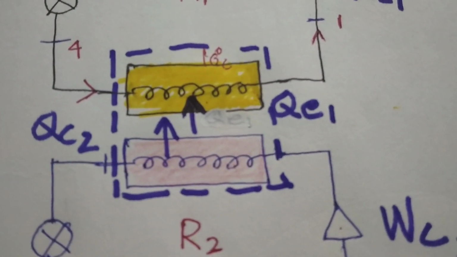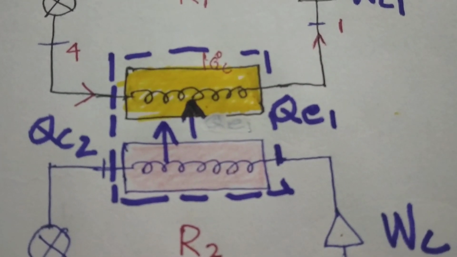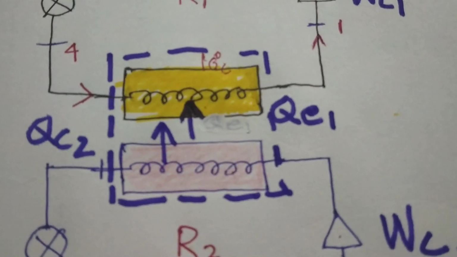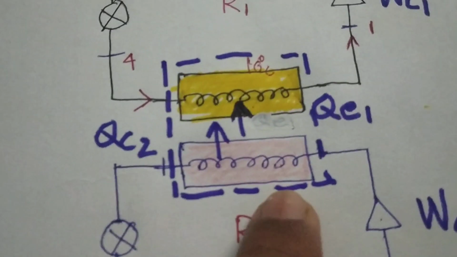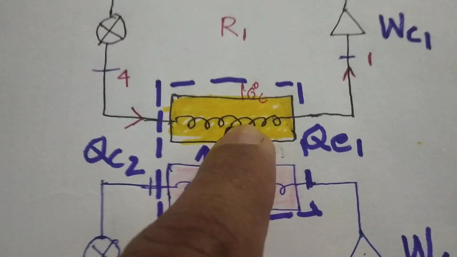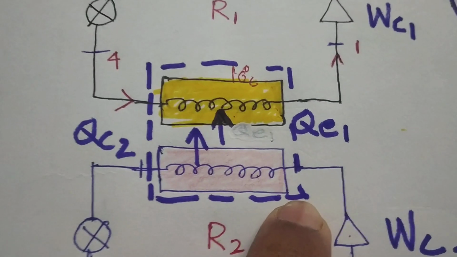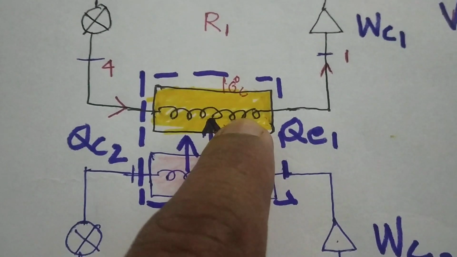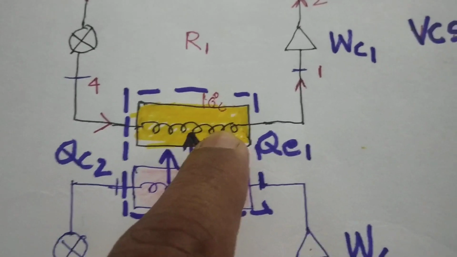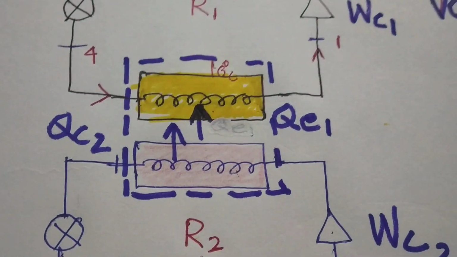So QC heat is rejected, and this rejected heat cannot go out of this shaded area, and this heat will be absorbed because this is at 15 degrees centigrade and this is at 10 degrees centigrade. So heat will not escape from this particular boundary. It will be absorbed by the evaporator. So this evaporator is not absorbing heat from any space but from the condenser of vapor compression system number 2.